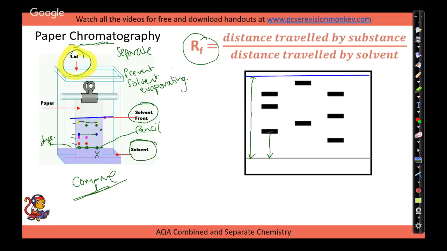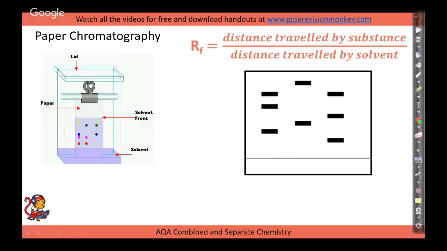So let's say, for example, this was 10 centimetres and this was 5 centimetres. You would then do 5 divided by 10 and you'd get an RF value of 0.5. And you do that for each of the substances. So don't forget, middle of the dot down and measuring to the solvent front. So that's one required practical that may well come up tomorrow.